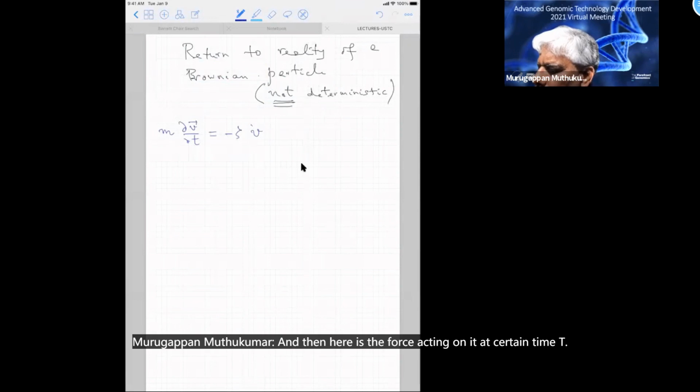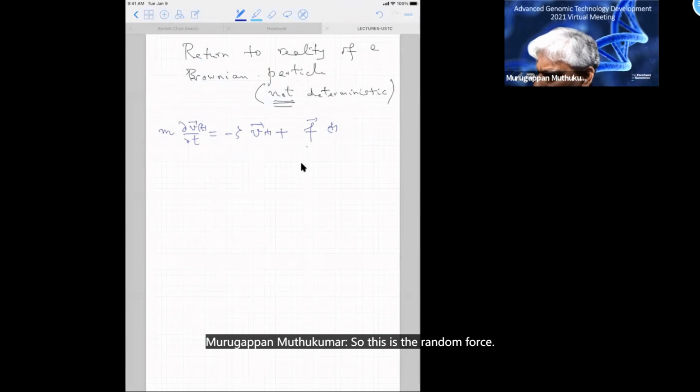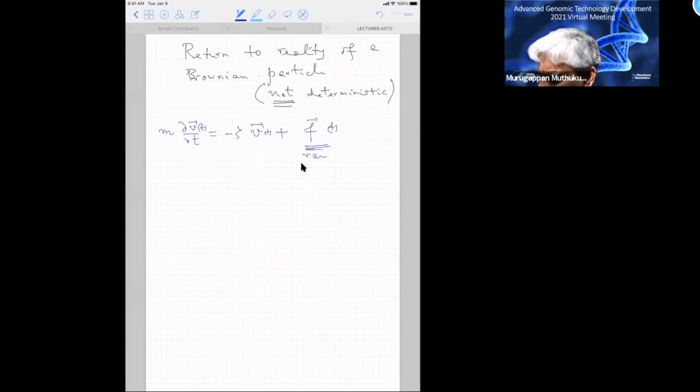And then here is the force acting on it at a certain time t, F(t). So this is the random force, random force from the solvent.